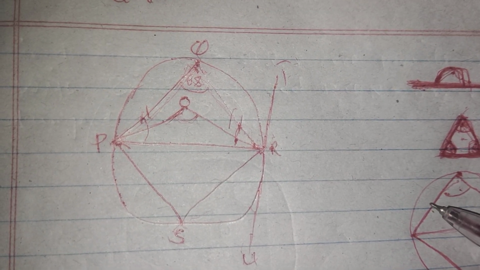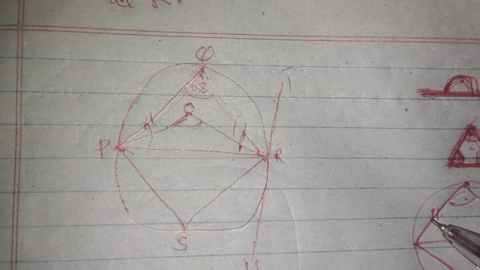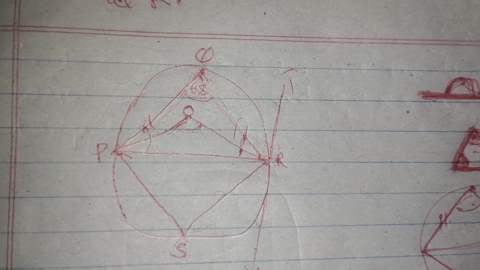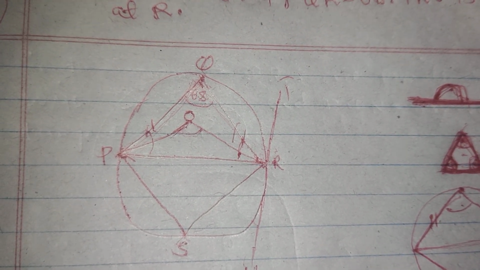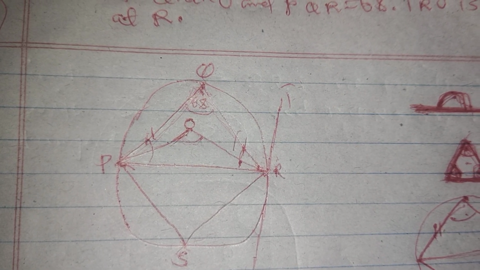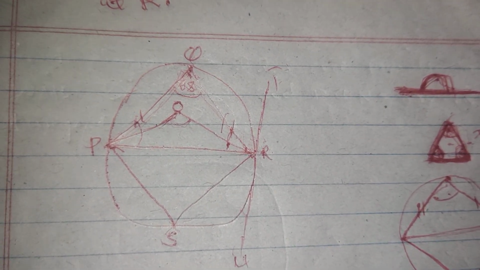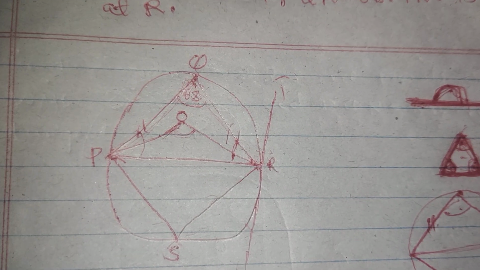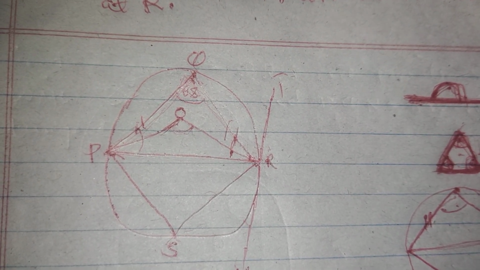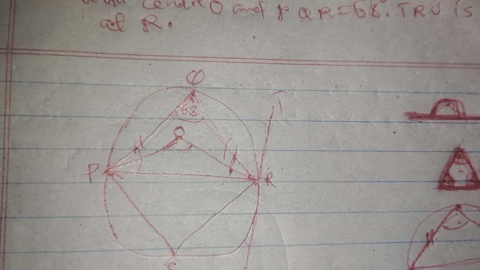So this angle will be the same as this angle. When two angles are equal, it is called an isosceles triangle.